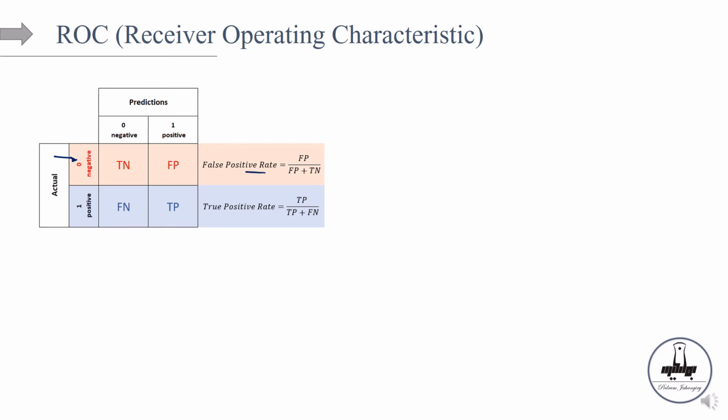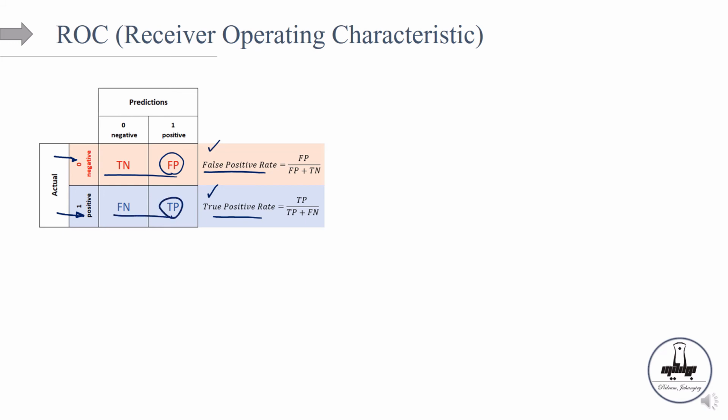So it's called false positive rate: false positives divided by those that are actually 0. And true positive rate is, among those that were actually positive, what percentage was correctly predicted by the model.